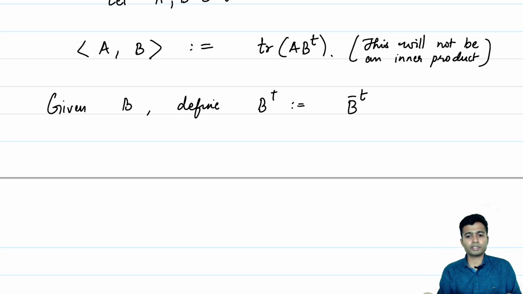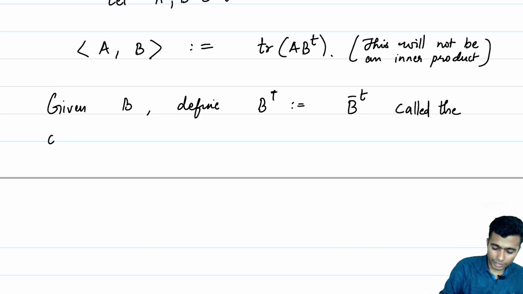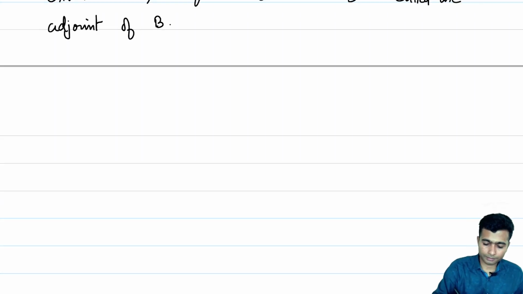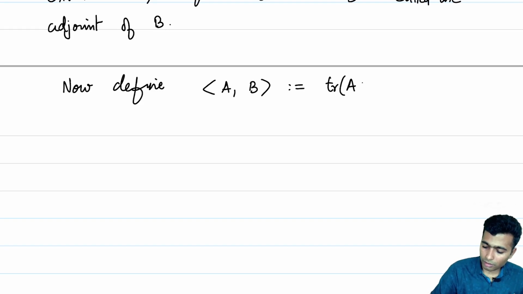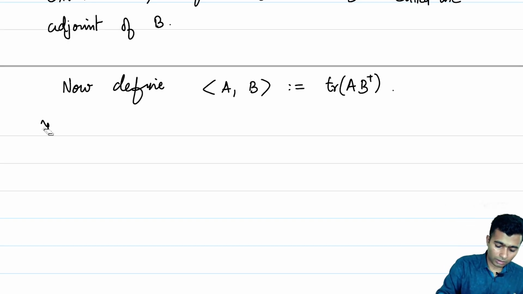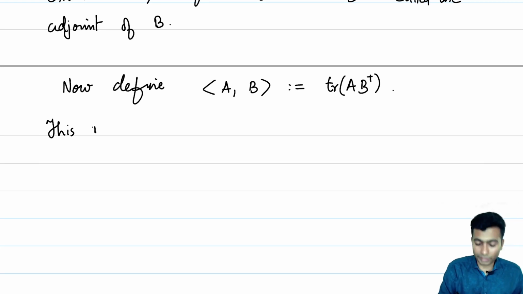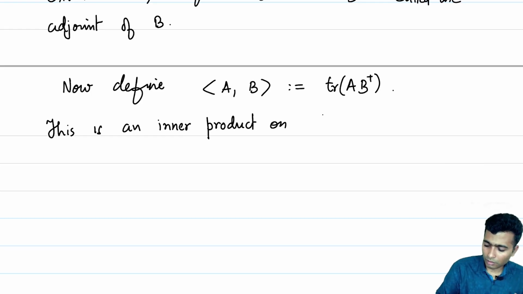So you transpose the given matrix and look at the conjugate of each of the entries. That's called the adjoint of B. Now define the inner product of A with B to be equal to trace of A B adjoint, and this will turn out to be an inner product on the complex vector space of M cross N matrices over C.